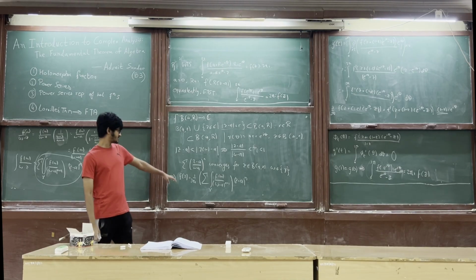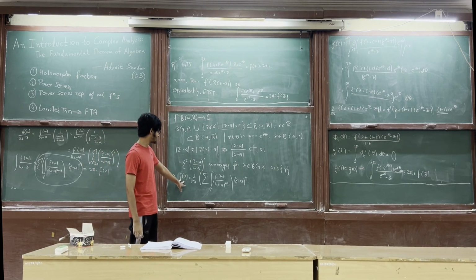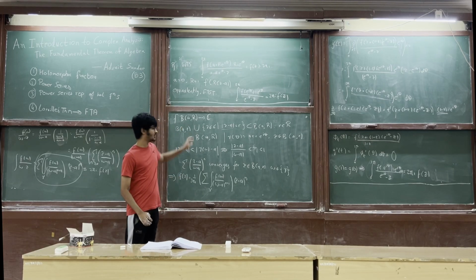This should be clear, right? Okay. So we get a power series representation for a holomorphic function in some open ball in your domain.